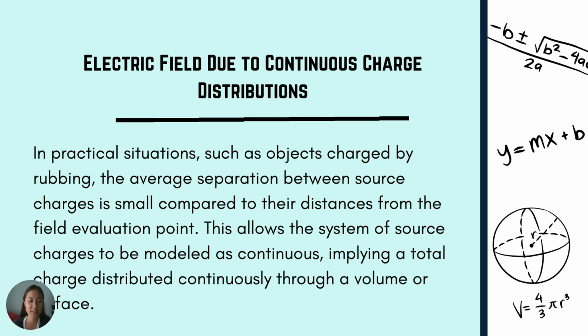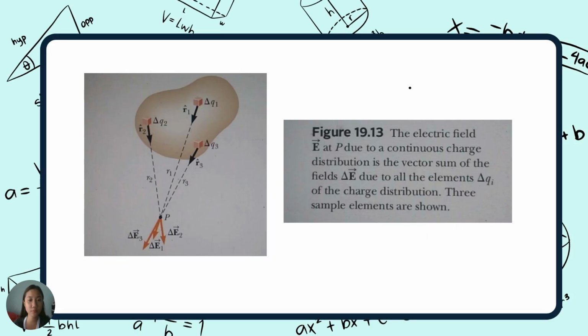This allows the system of source charges to be modeled as continuous, implying a total charge distributed continuously through a volume or surface. To evaluate the electric field of a continuous charge distribution, the following procedure is used.